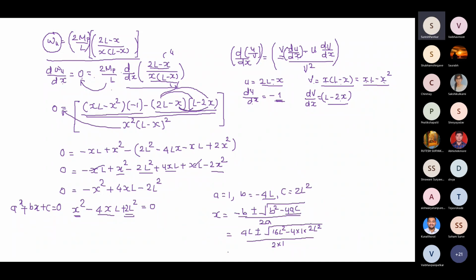And then we will get it as 4l plus minus root of 16l square minus 8l square. So it is 8l square upon 2.